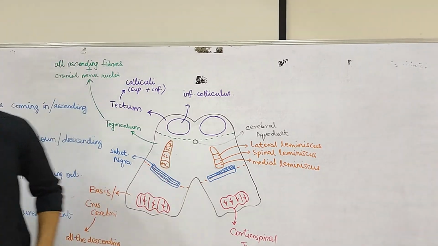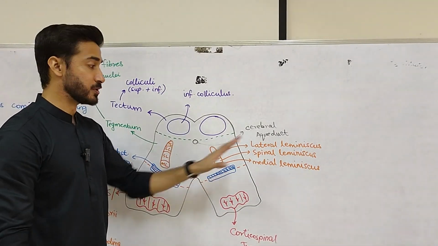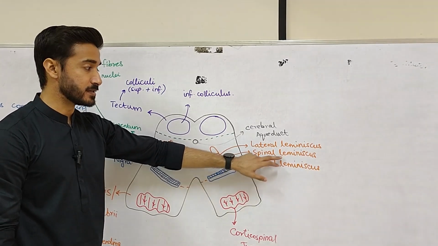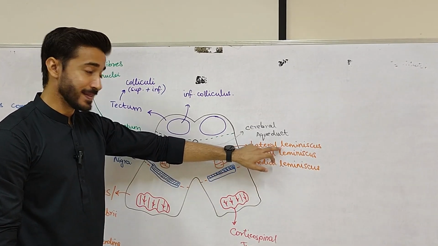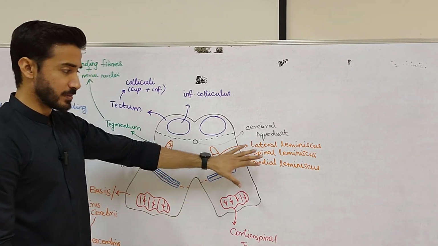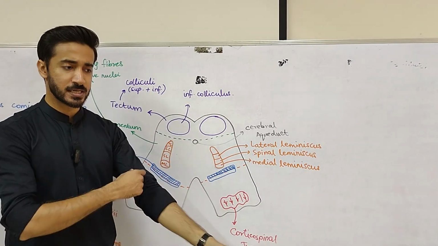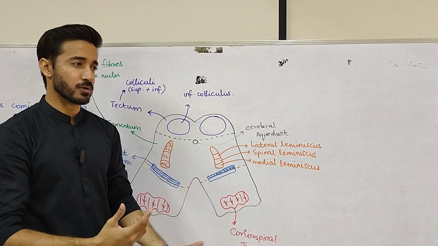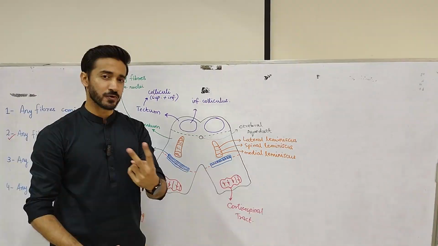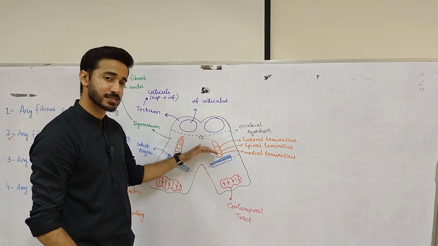These are the most important ascending tracts that you need to draw at this level, especially medial lemniscus and the spinal lemniscus, and then the lateral lemniscus and trigeminal lemniscus. So these four lemnisci are the ones that you're going to draw. After that, are there any more ascending tracts? No, not really. There aren't really any more ascending tracts, but there are three more things that are happening in this area or at this cross section.